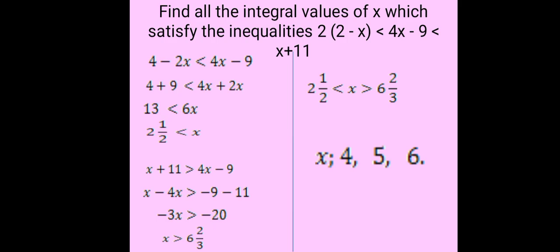It means that x is greater than 2.5, or 2.5 is less than x. Now, what are the points in between? You can clearly see we have 3, 4, 5, and 6.